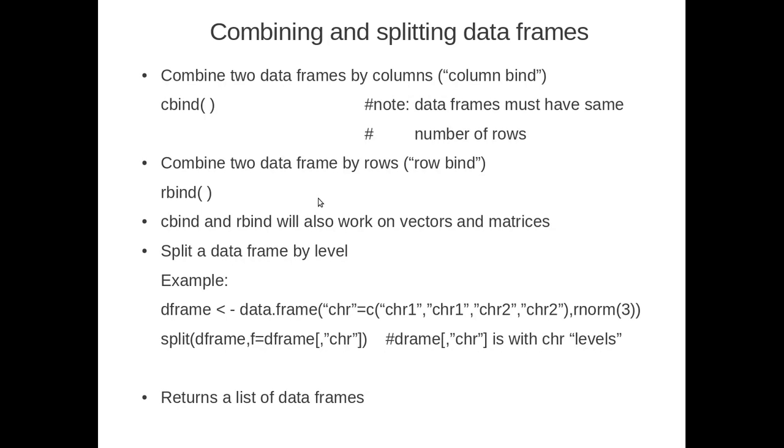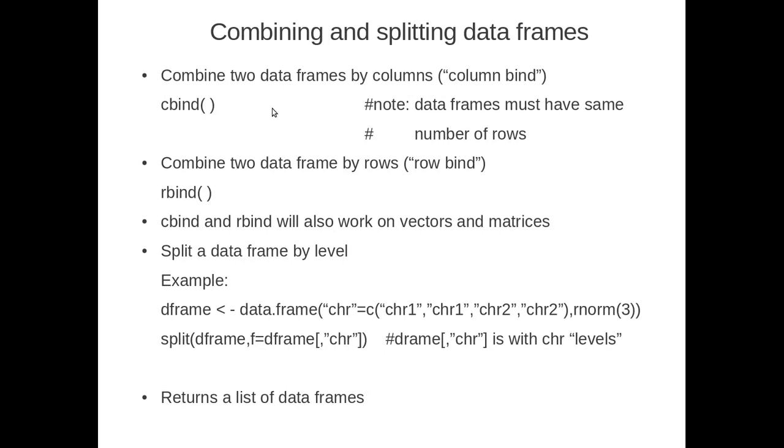So just quickly here, frequently you have the need to combine data frames. You can use what's called cbind to bind columns. Imagine you have two data frames that each have 10 rows. One has 3 columns, the other has 4.